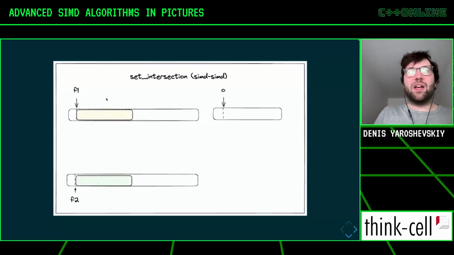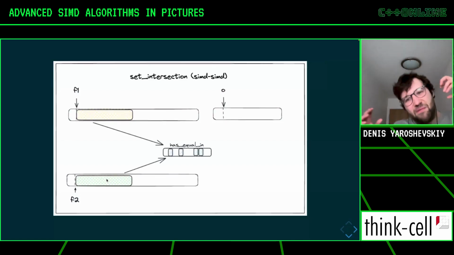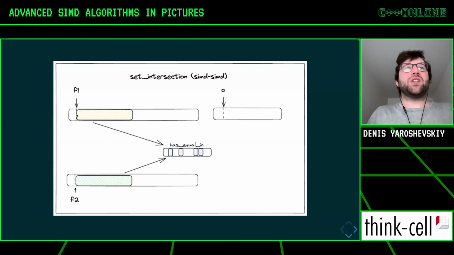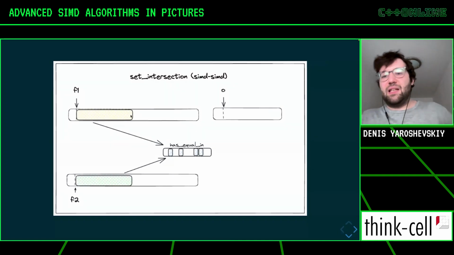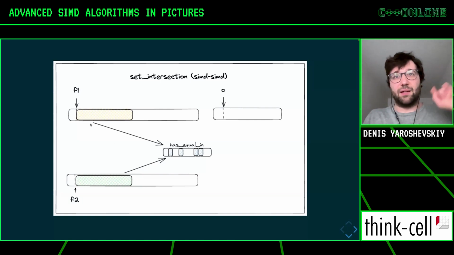What we're going to do is load two registers from each one. And then we're going to go through this very expensive operation called has-equal-in. We're just going to compare every element against every element in here and build a mask as true or false if this one has an equal.